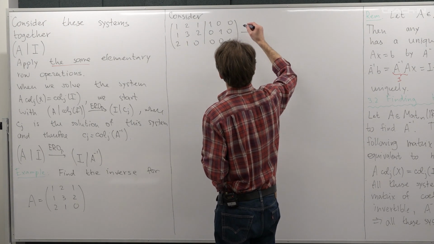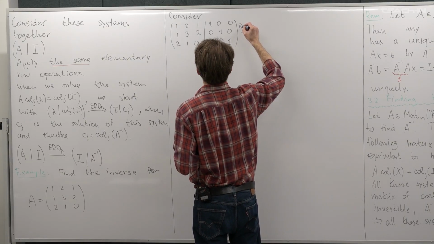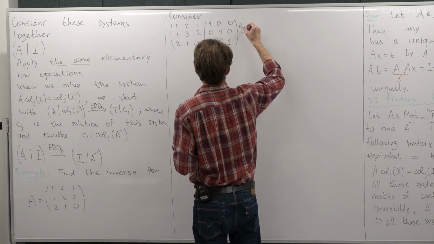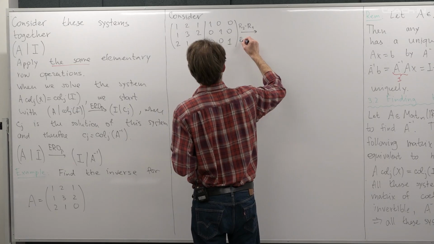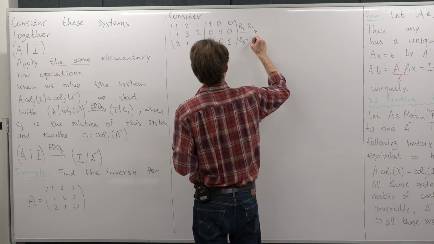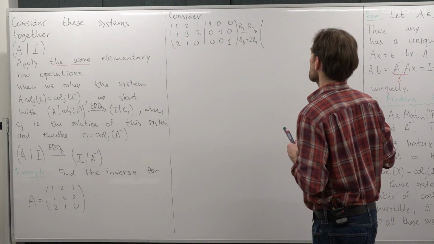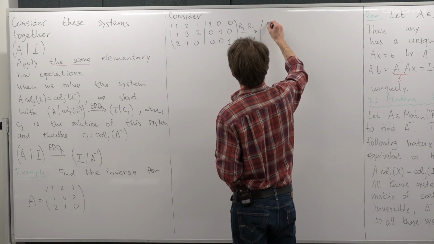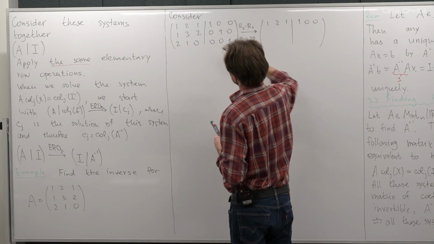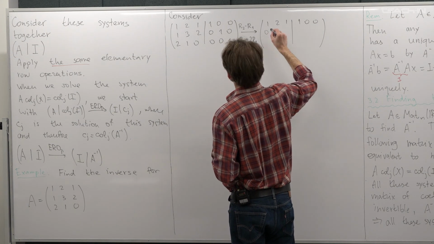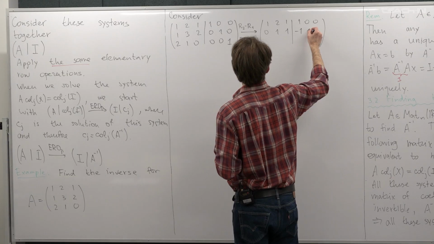So I will subtract the first row from the second one, and I will add the first row multiplied by 2 to the third row. So we keep the first row unchanged. Then here I get 0, 1, 1, minus 1, 1, 0.